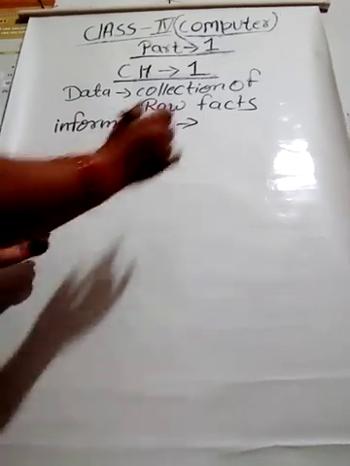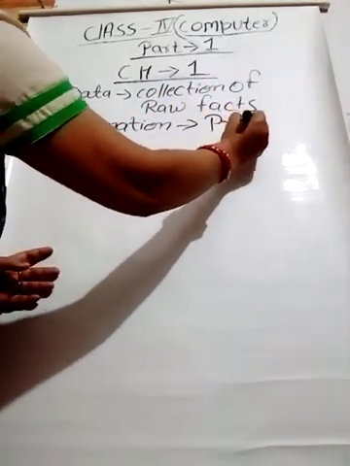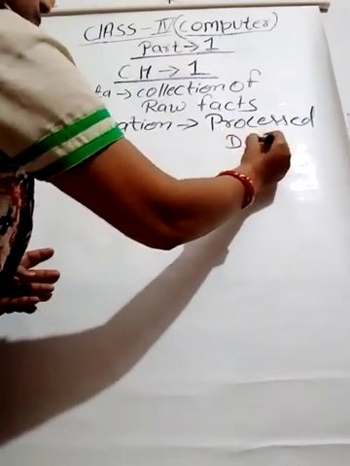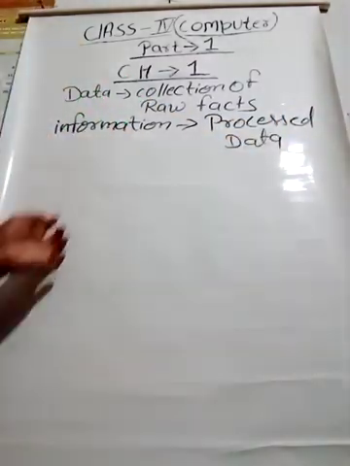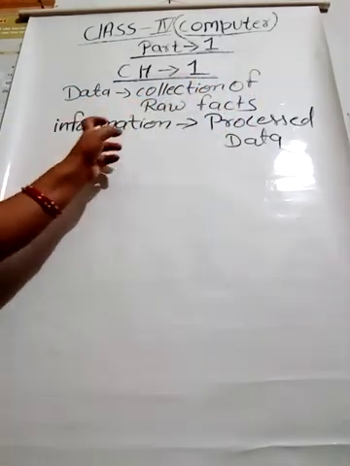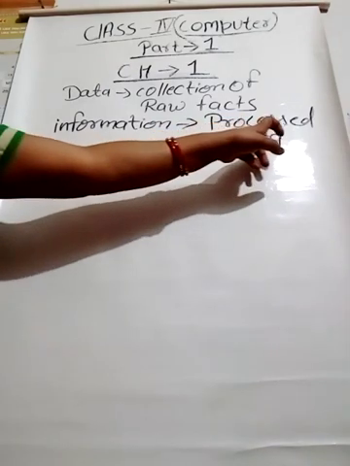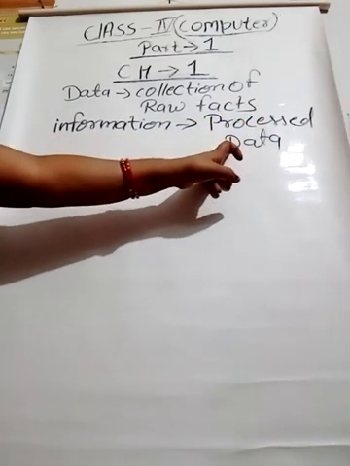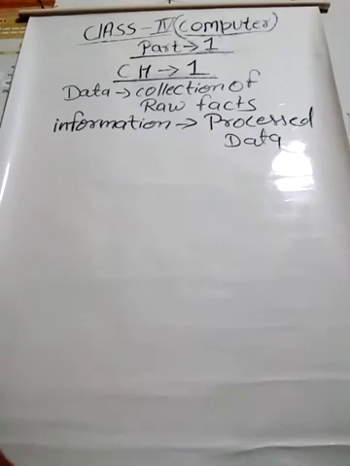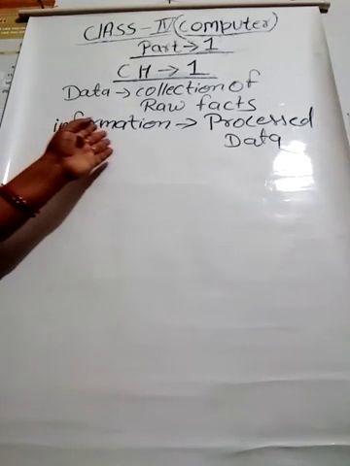Information is processed data. What is data? Data is a collection of raw facts. And what is information? Information is processed data. It refers to facts which are organized and have a specific meaning.